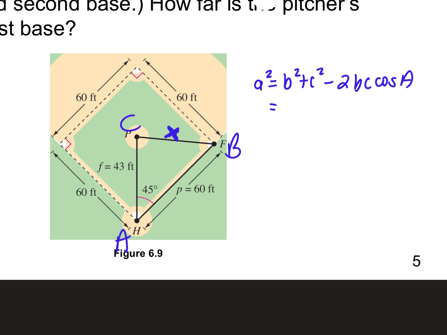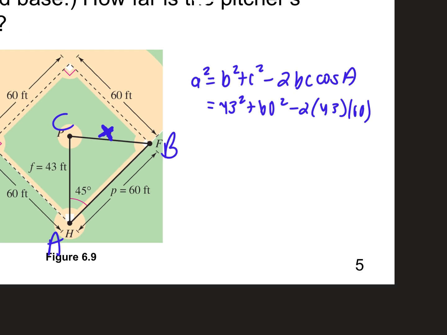Does it matter which you designate B, which you designate C? No, it does not matter. But according to how I wrote this, I'm going to say this is 43 squared plus 60 squared minus 2 times 43 times 60 times the cosine of what? 45, okay?